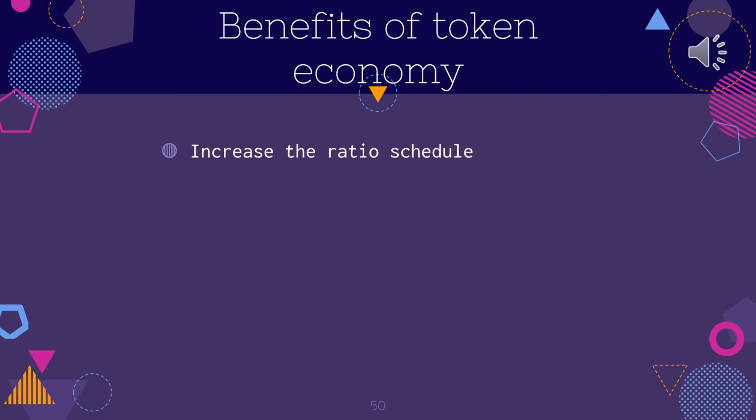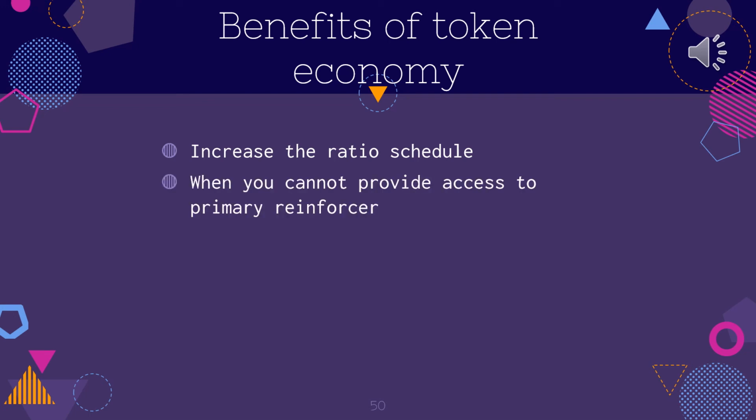In addition, it is beneficial when you cannot provide access to the primary reinforcer immediately. For example, if a client enjoys jumping on a trampoline, you can use a token economy to bridge that time gap between when they are engaging in the target behaviors and when you can provide access to that primary reinforcer.